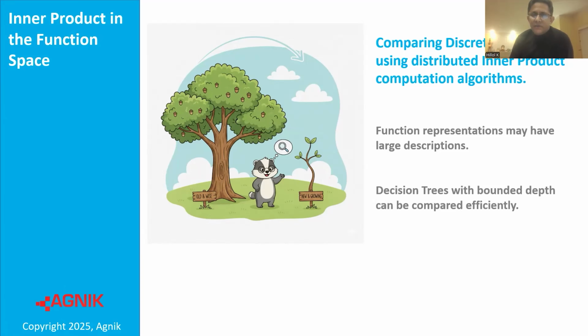Now, function representation can be complex, and it could have a very large description, an exponential complexity description. So comparing functions may not be that easy. On the other hand, for some classes of functions, we may be able to compare using distributed inner product computation algorithms efficiently. For example, decision trees of bounded depths can be compared efficiently using inner products. Let's see.